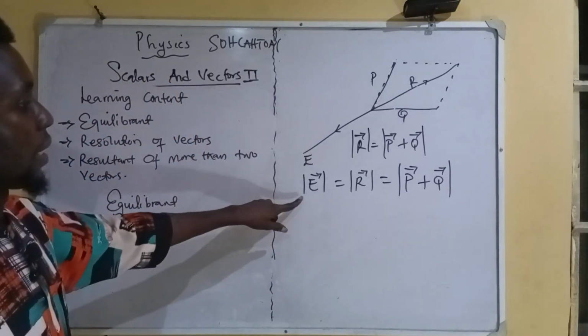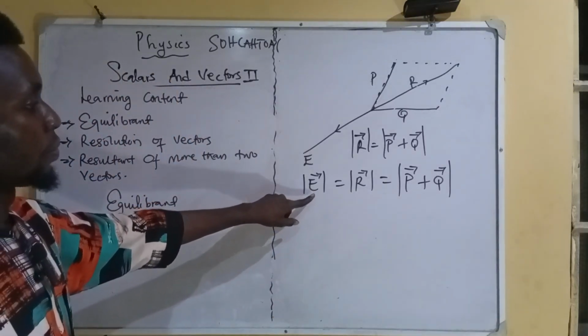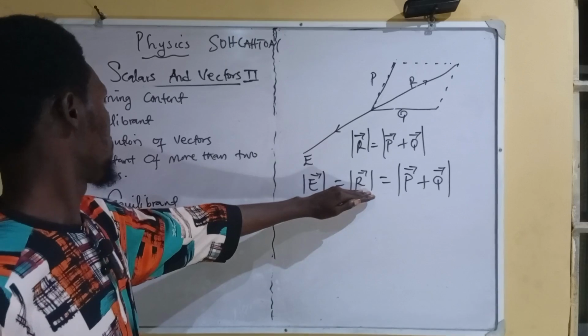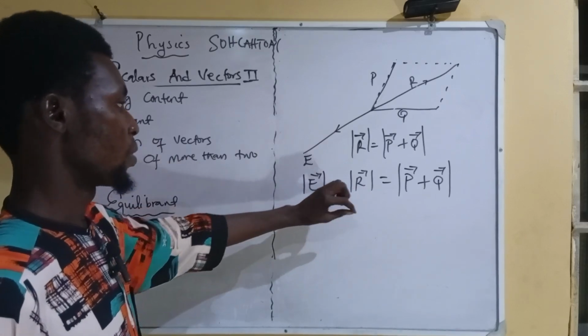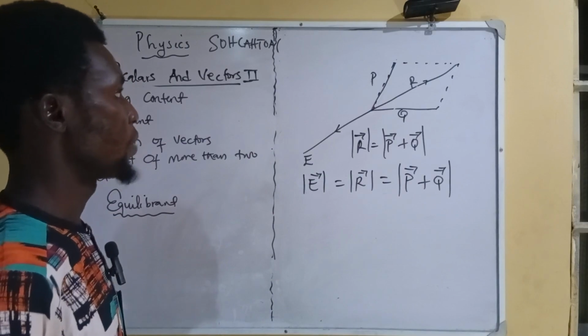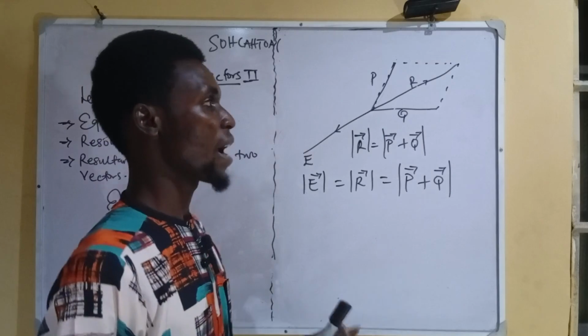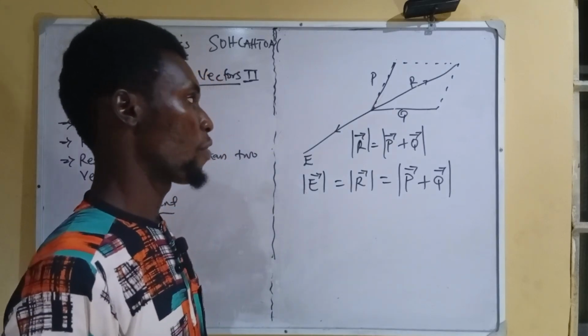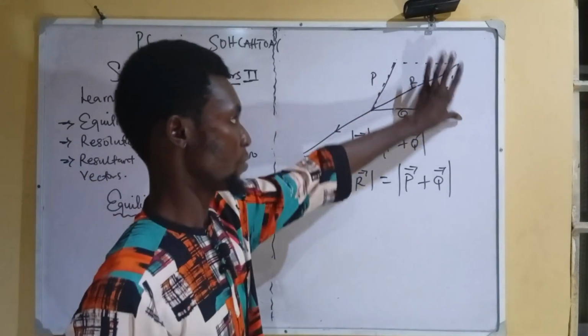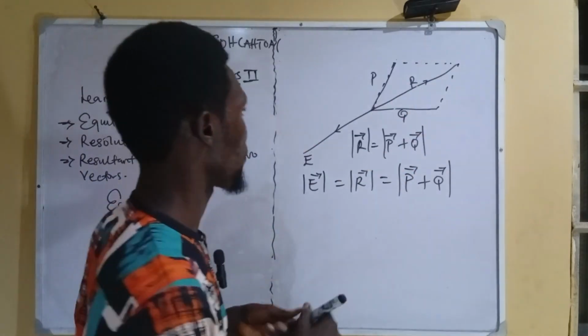So the magnitude is equal to the resultant, but in opposite direction. So whenever you calculate the resultant and you are asked to find a force that will balance, this equilibrium force tends to balance the other forces acting together at this point.